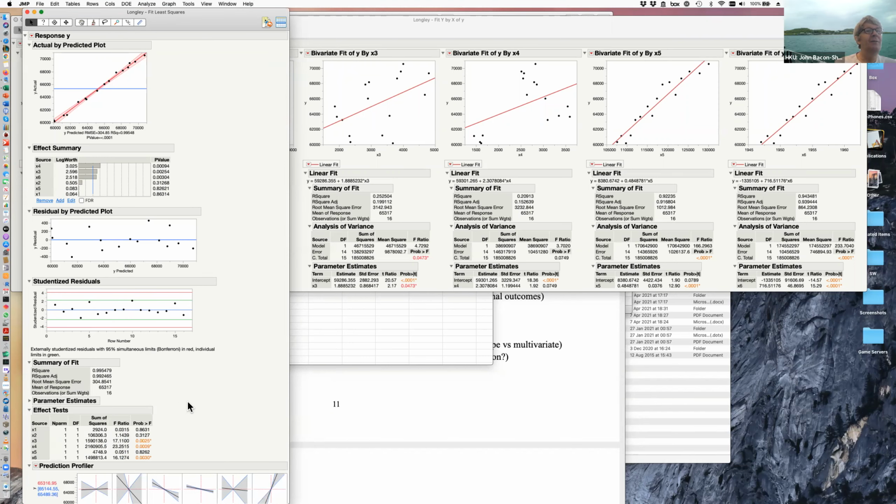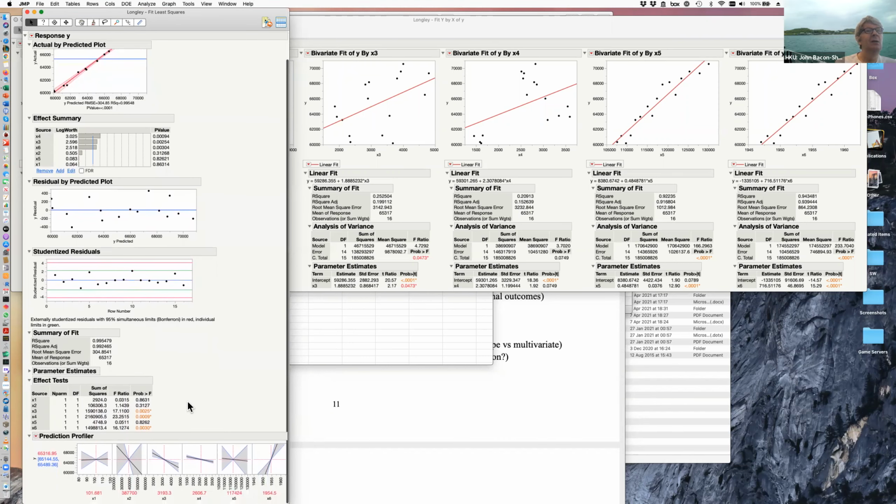If we look at the effect test, you'll see it indicates that x3, 4, and 6 are all very strongly significant. Now remember, this is a test saying, is each of these variables useful once we've included all the others? So this says at least x3, x4, and x6 are useful, right? x1, 2, and 5 do not appear to be useful, but this is just simply saying, given all the others.